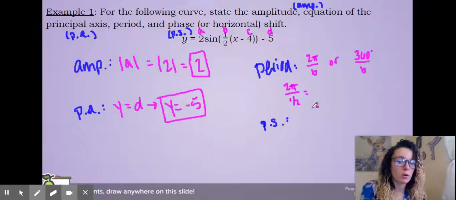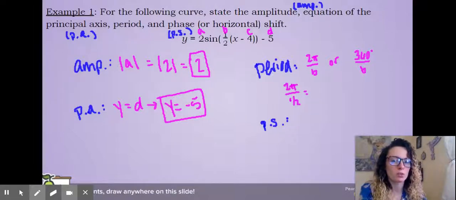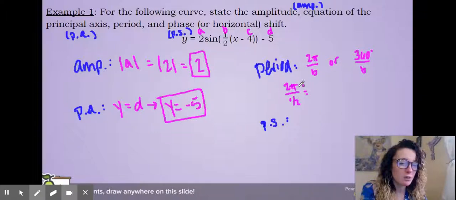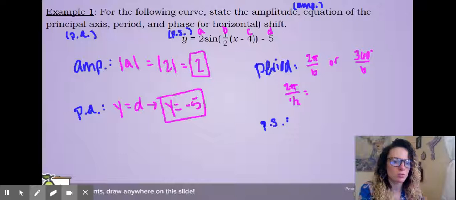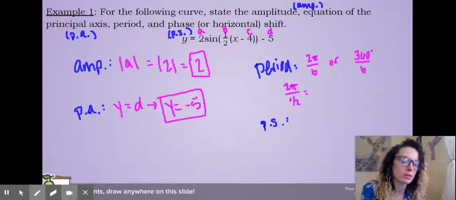Or if you want to check in the calculator, leave the pi out of it, because especially if you're in radians, usually pi will be part of your answer. So just do 2 divided by 1/2 in the calculator. Either way, we should be getting 4 pi.